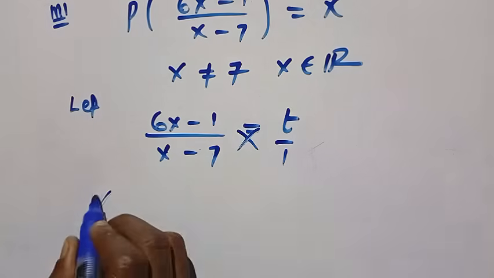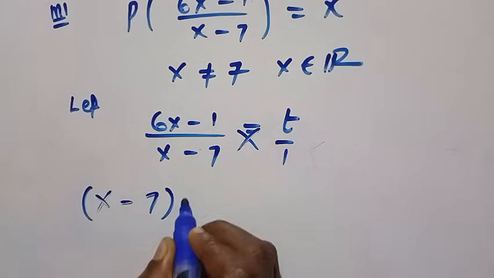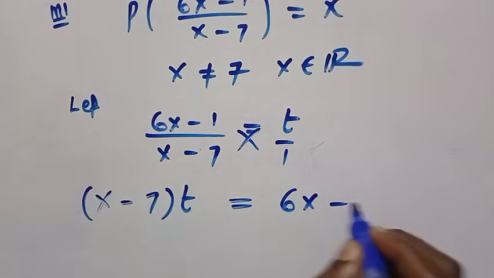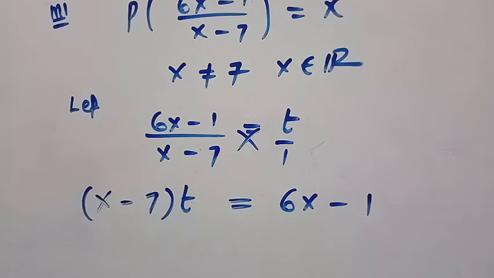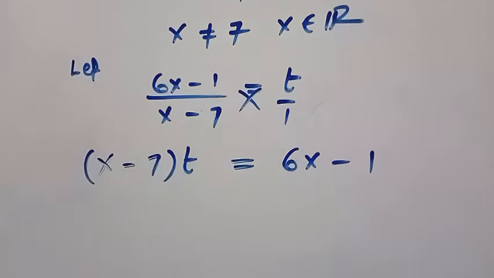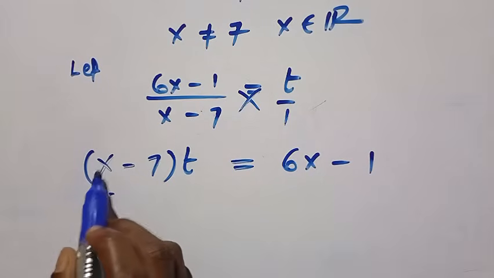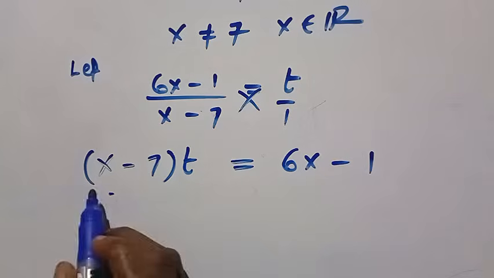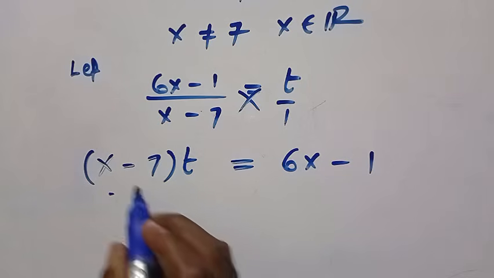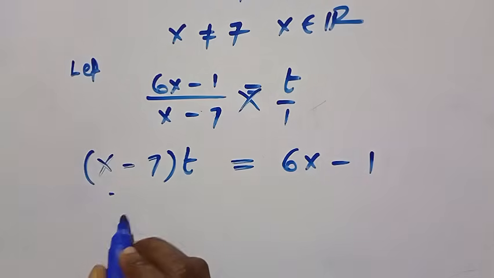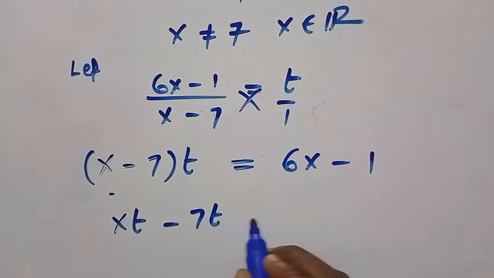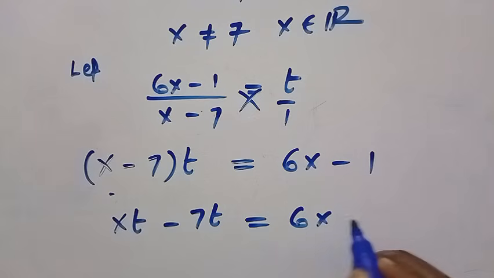Then we have (x minus 7) multiplied by t equals 6x minus 1. By opening this parenthesis, because there is still x in this bracket and there is still x here as well, which we have to combine together, we multiply this x with t. We have xt minus 7t equals 6x minus 1.